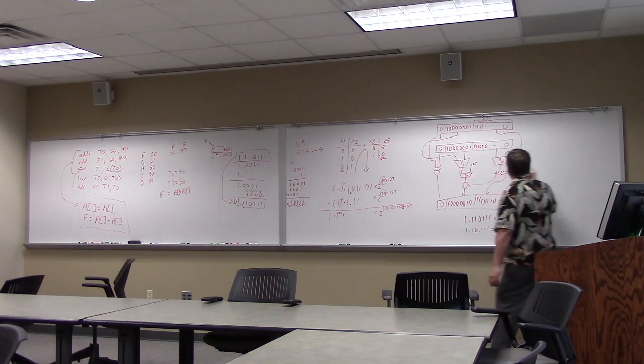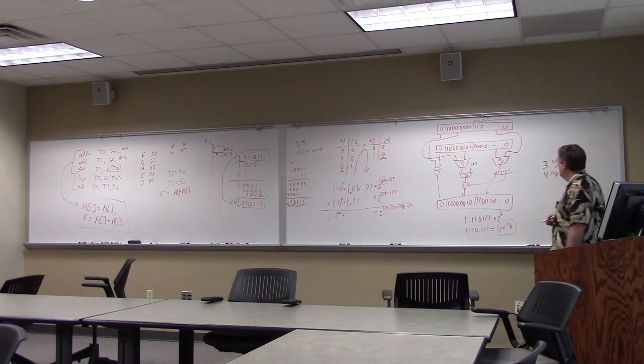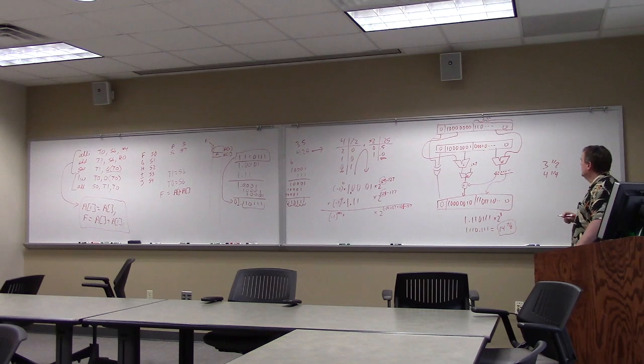Now we could just check that. 3.5 times 4 1/4. So I can go 4 times 3 gives me 12. 4 times 1/2 gives me another 2, so that's 14.